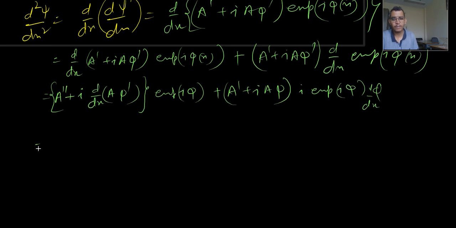So what it will be, it is a double prime plus iota, it is a prime phi prime plus a phi double prime.